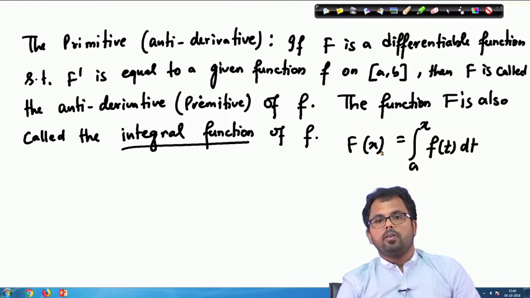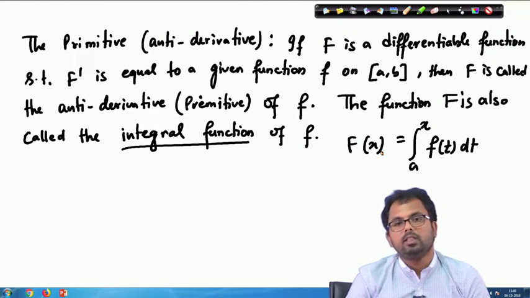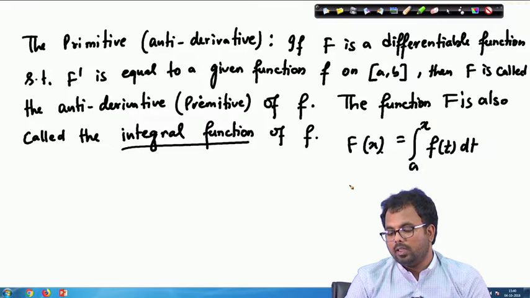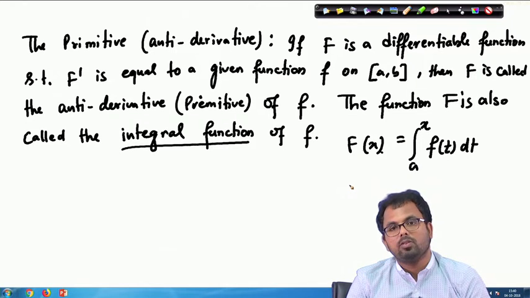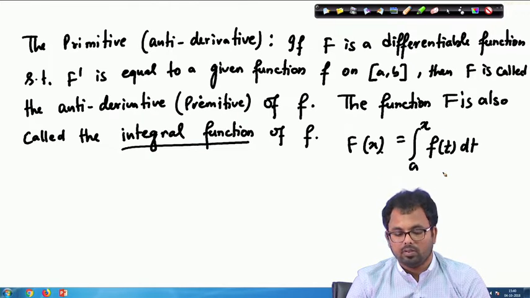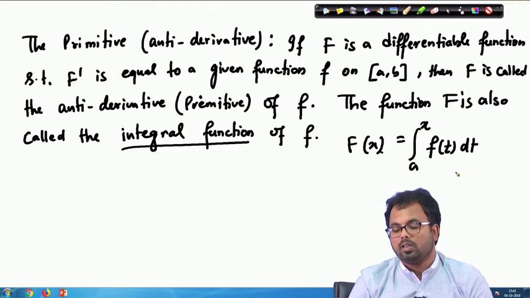So capital F(x) can be expressed as the integral of the function small f, and if you take the derivative on both sides, then the left hand side will be F dash x, which is equal to the function f(t). That capital F, based on this definition, is called the antiderivative or the integral function of this small function f.